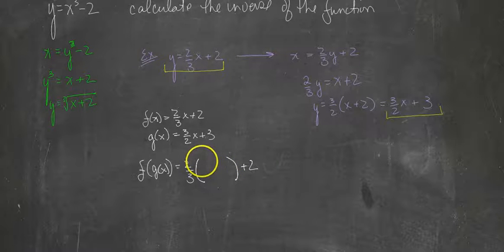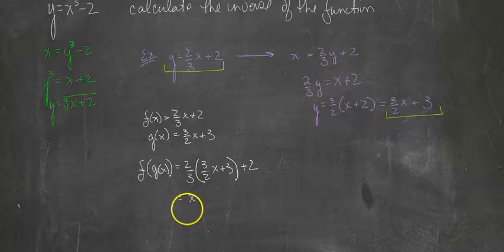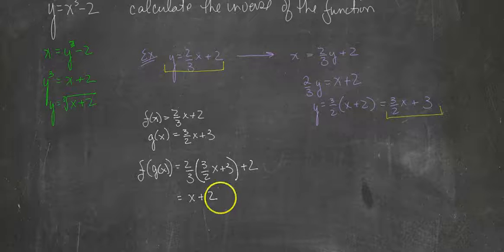Now put g of x inside, 3/2 x plus 3. So 2/3 times 3/2, that's just x. 2/3 times 3, well, that's just 2. Well, I almost erased my mistake so you wouldn't know I made one, but this is actually perfect because it says x plus 2 plus 2.